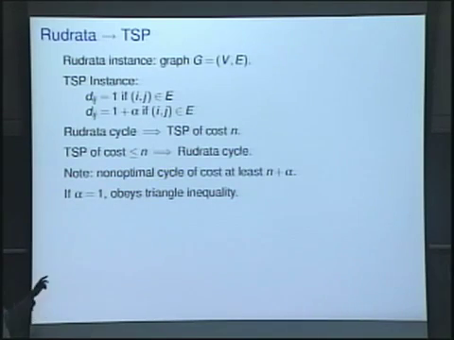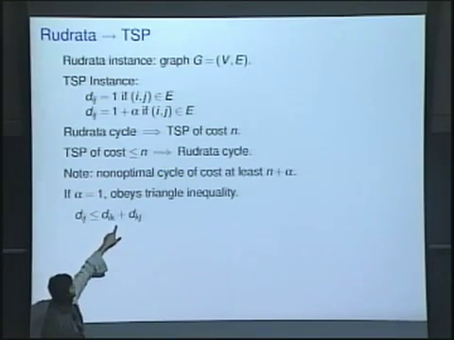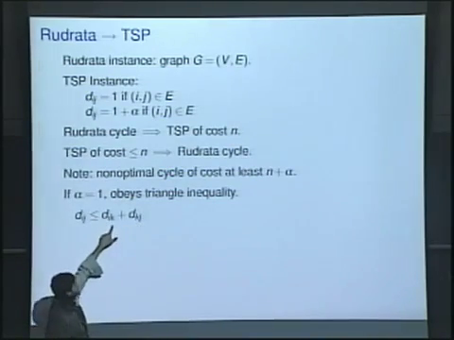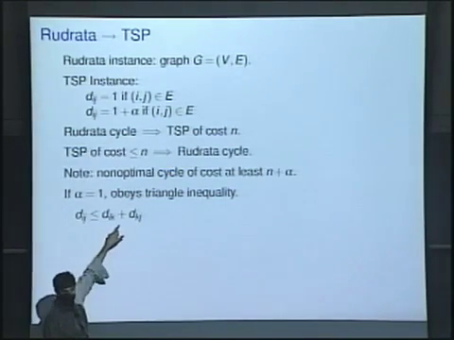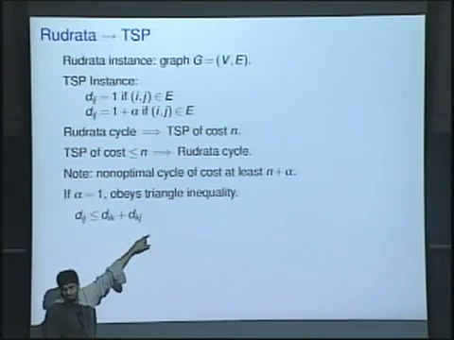If you're somebody who can go back through a town you've been through before, then you obey the triangle inequality. The triangle inequality says the distance from i to j should be no more than the distance from i to k plus the distance from k to j. Because if you want to go from i to j, you can definitely go to k and then go to j. That's normal, right?